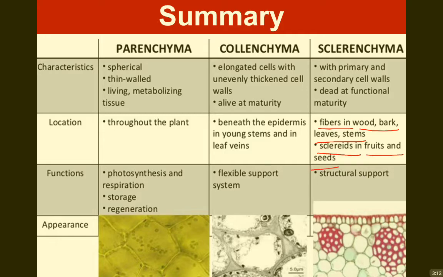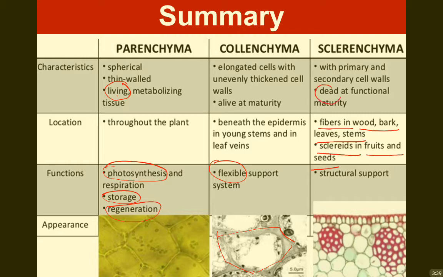So the function of parenchyma is for the photosynthesis process, because they are living, and for food storage and regeneration of the cell. Collenchyma, because their cell wall is thick, provides some flexible support for the plant. For sclerenchyma, the cell wall is also thick and it is made up of lignin.